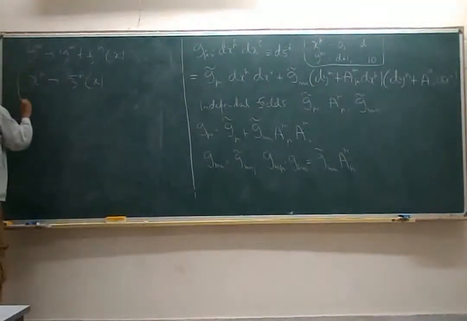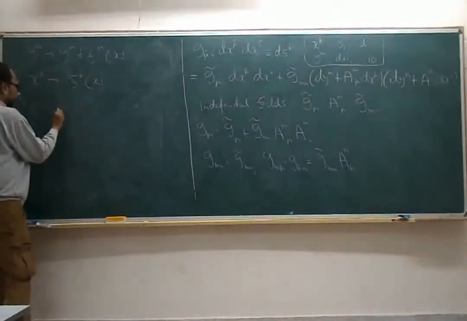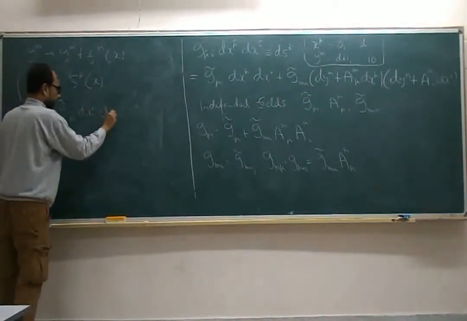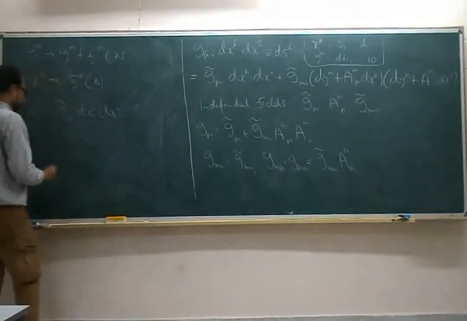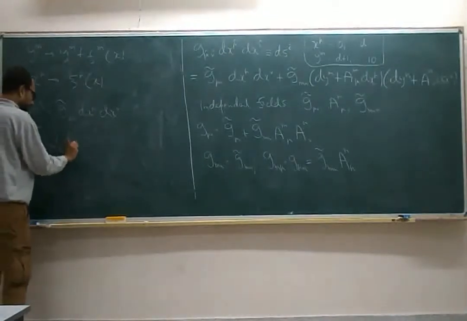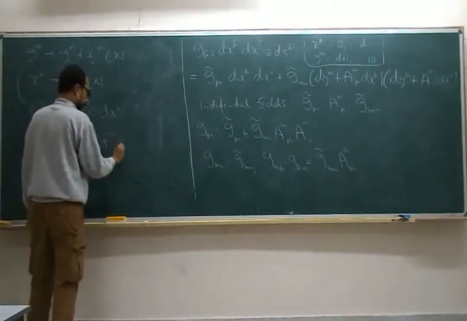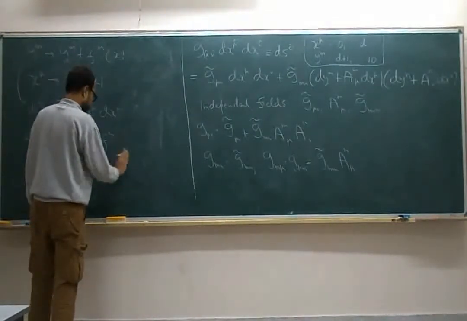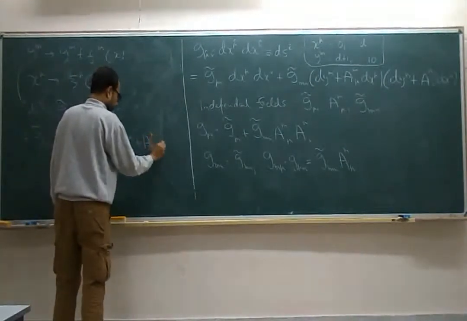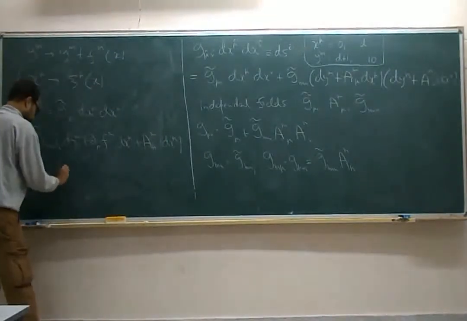So under this transformation, the metric becomes G tilde mu nu dx mu dx nu plus G tilde mn (dy m plus del mu f m dx mu plus A m mu dx mu) times (dy n plus del nu f n dx nu plus A n nu dx nu).